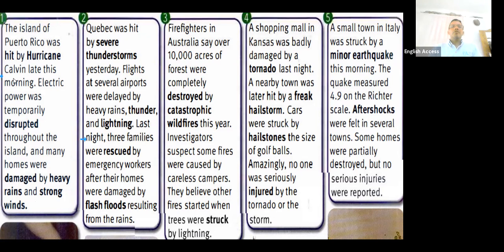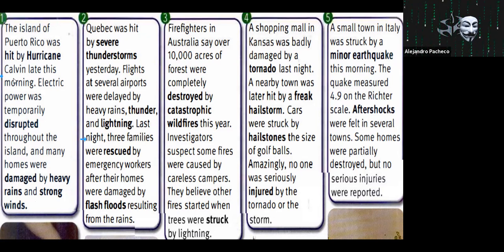Alejandro, can you read number 2, please? Yes. Quebec was hit by severe thunderstorms yesterday. Flights at several airports were delayed by heavy rains, thunder, and lightning last night.